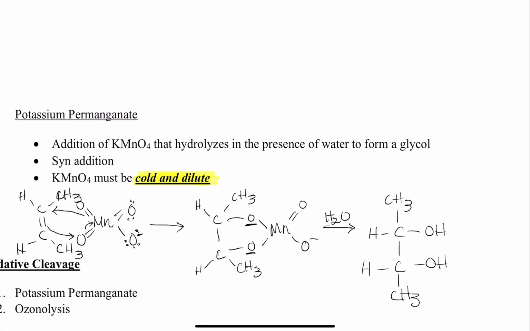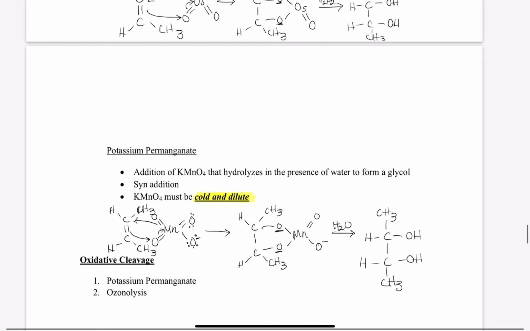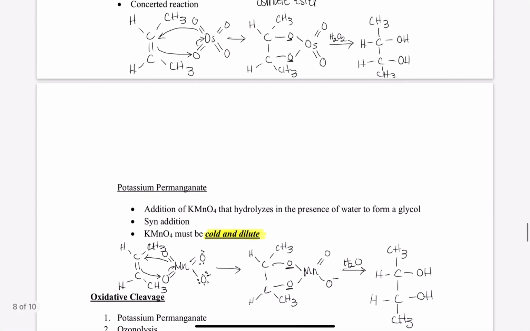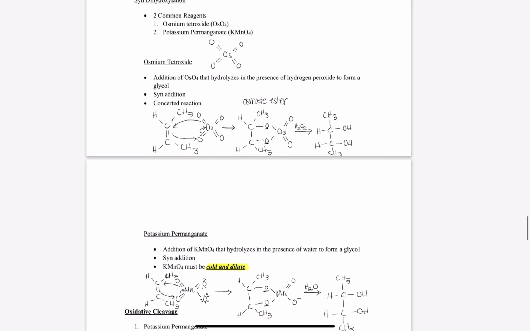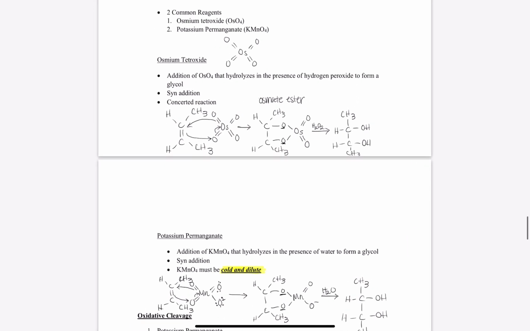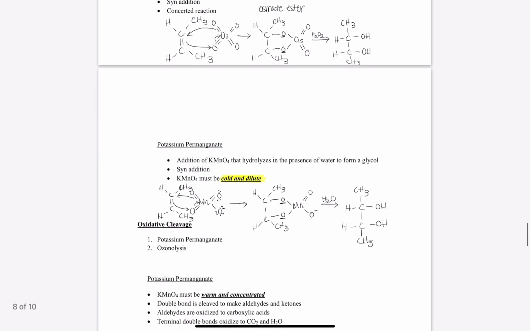They both need to be dashed. We cannot have one wedged or one dashed because then that would be the anti-addition, and this is not anti. So that is syn dihydroxylation and acid catalyzed ring opening of epoxides.